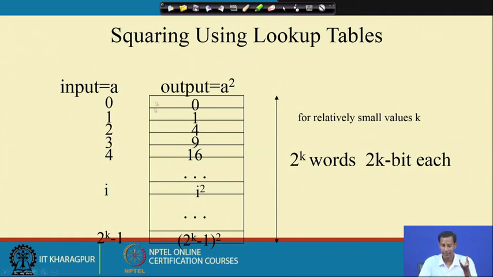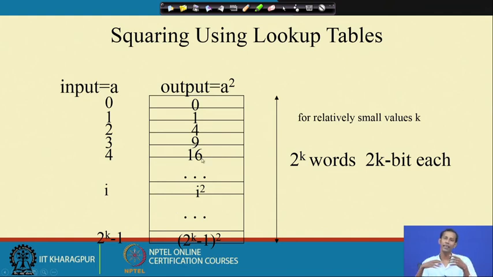So that is why this lookup table based, or ROM based, squaring circuit is useful whenever the value of k is relatively small. Lookup table means where we store the values. What is the advantage here?